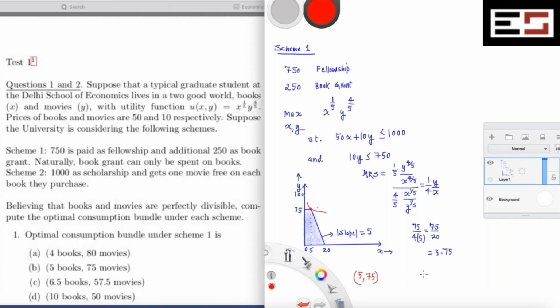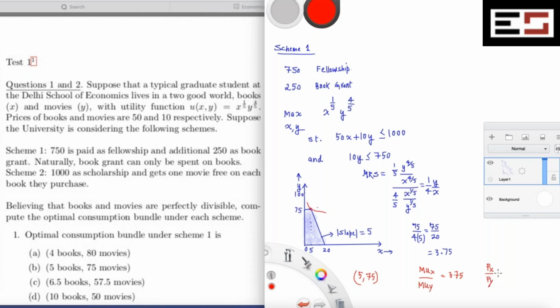And this is something where there is also an economic interpretation. If you see, MRS is 3.75, which means MUX by MUY is 3.75. Okay, and if you see on this line, PX by PY is 5, right?